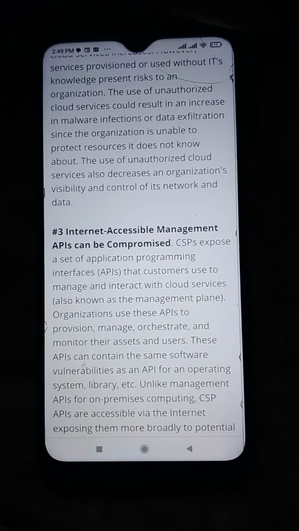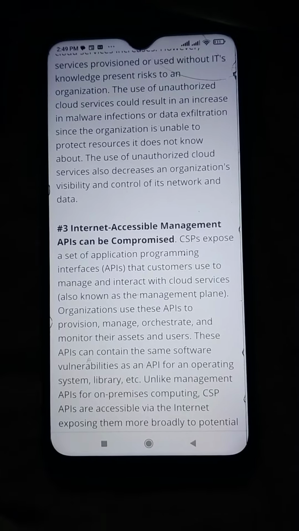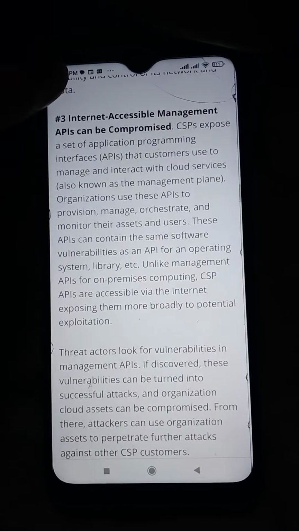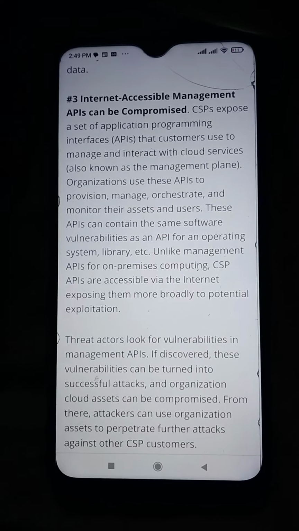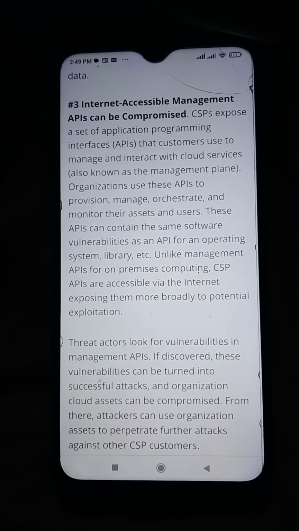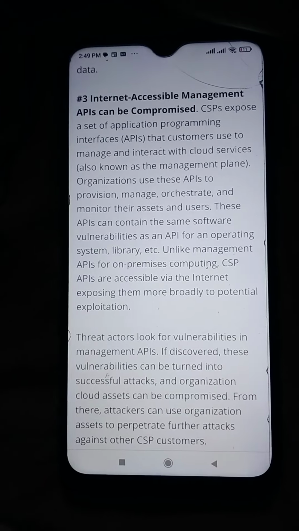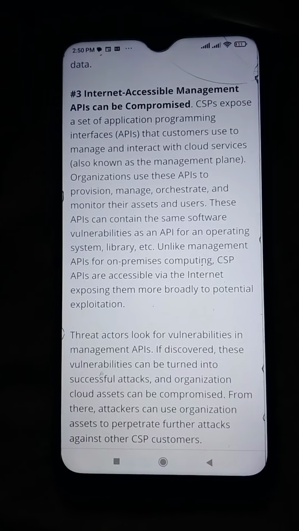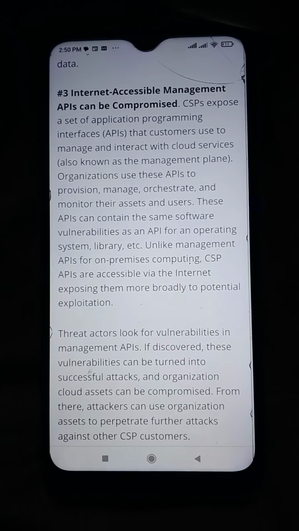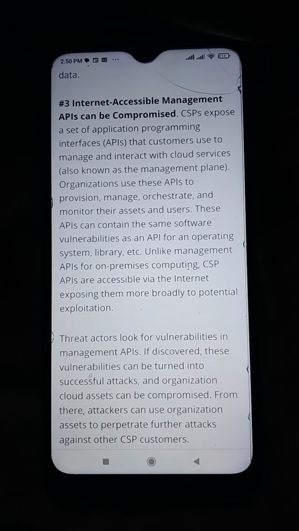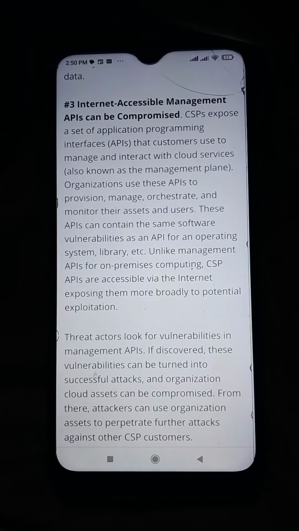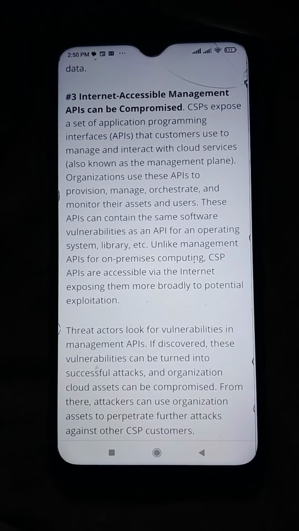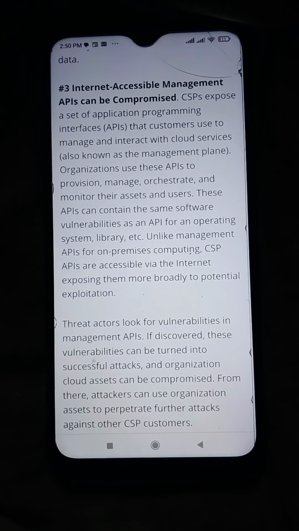These APIs can contain the same software vulnerabilities as an API for an operating system, library, etc. Unlike management APIs for on-premises computing, CSP APIs are accessible via the internet, exposing them more broadly to potential exploitation.